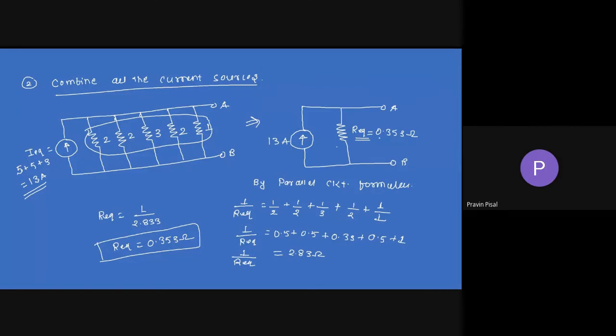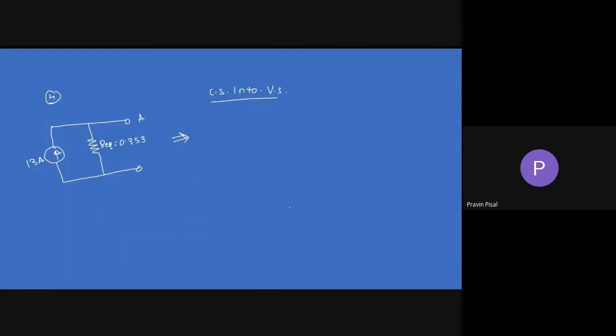Okay, so now can anybody tell me, if I want to convert this network, the final answer, into a voltage source, as they have asked? Okay, so this is the AB. Its conversion is very simple, current source into voltage source. So this is A point. Now this resistance will come in series and the voltage source will be like this. This will be B point.